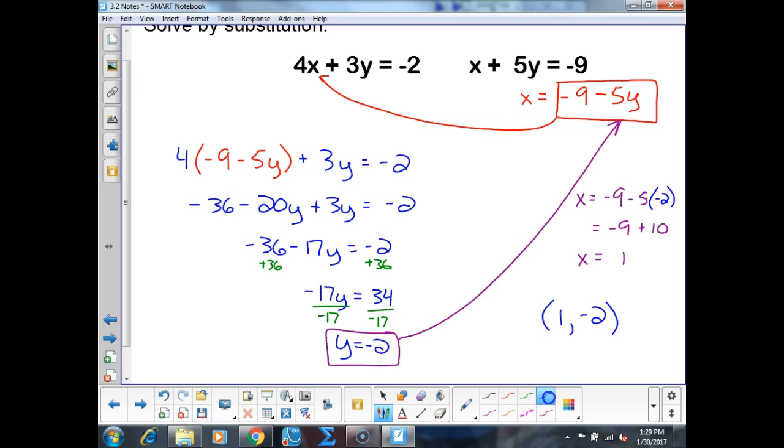Checking it, 1 times 4 is 4, 3 times -2 is -6, 4 plus -6 is -2. 1 is 1. -2 times 5 is -10. 1 plus -10 is -9. There's that one. Okay? Questions on that one?